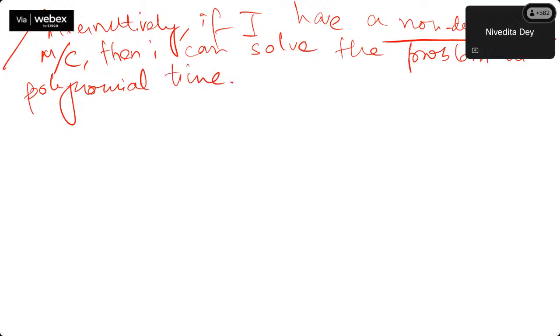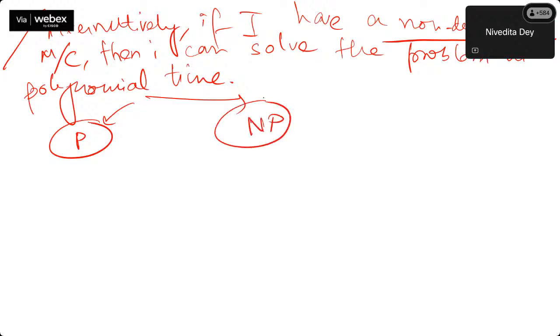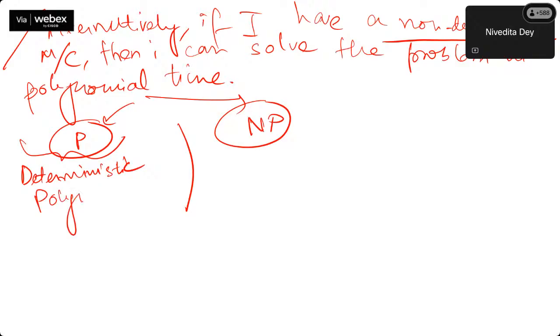Now, this is very fundamental to what we understand as P and NP. So far, maybe we understood P as polynomial and NP as non-polynomial. It is wrong. What is correct? P is deterministic polynomial, meaning in a deterministic machine, it takes polynomial time to solve the problem.